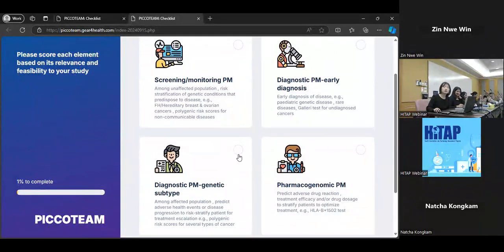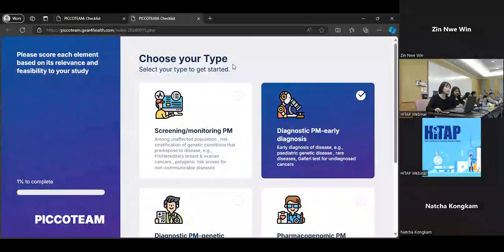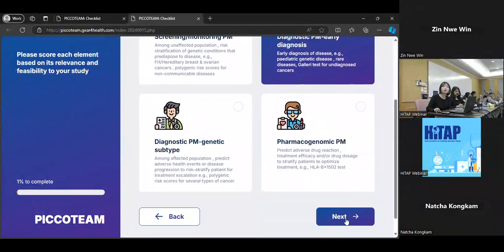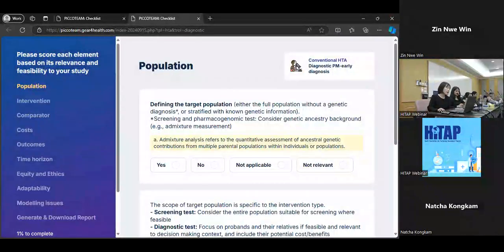For patients with high lipid levels, we will conduct a test to identify the subtype that has a genetic mutation, and then we will identify early the relatives who also have the genetic mutation. So my primary interest is the cascade testing. I will enter early diagnosis. And you can see there are 9 domains.